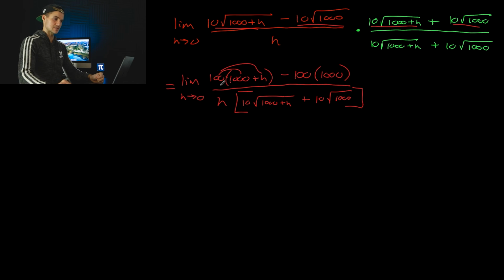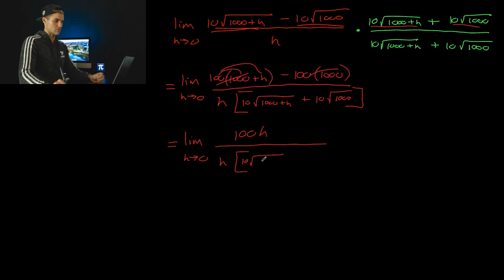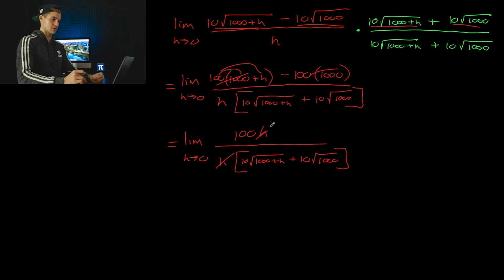Then 100 times this, and this cancel out, and so we'd end up with the limit as h approaches 0 of 100h all over 10 root 1,000 plus h plus 10 root 1,000, like that. And then the h's here are going to cancel out.